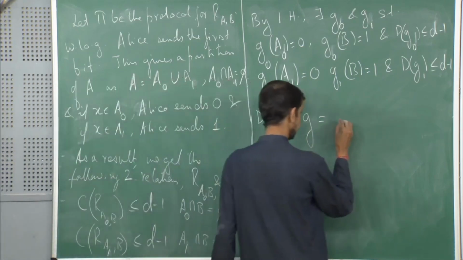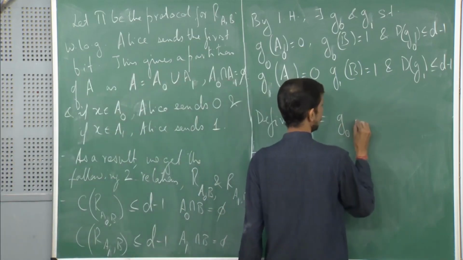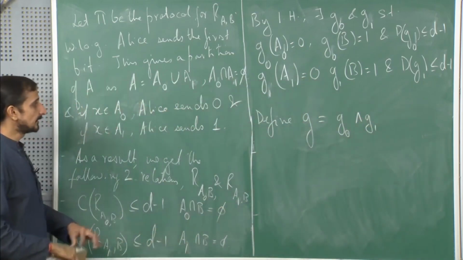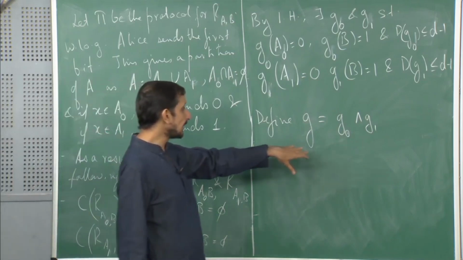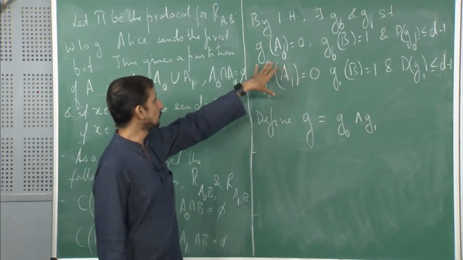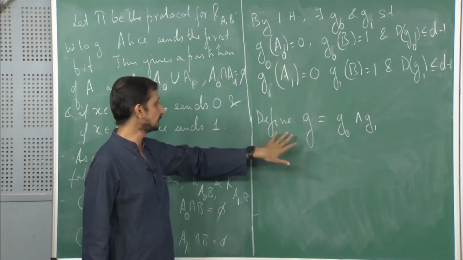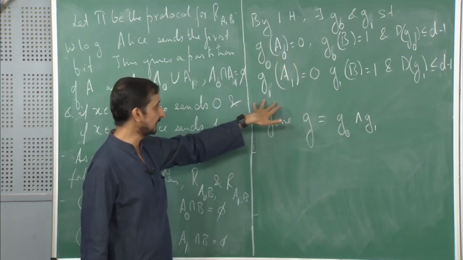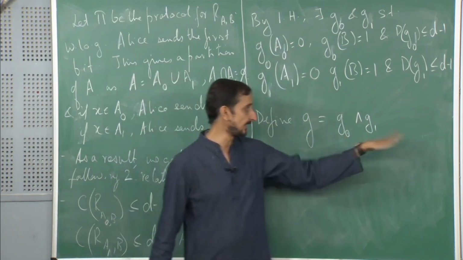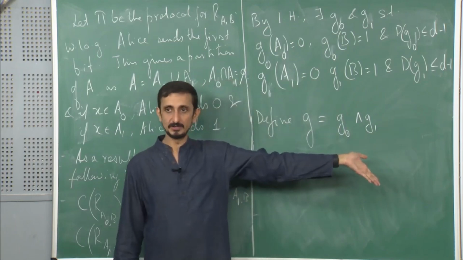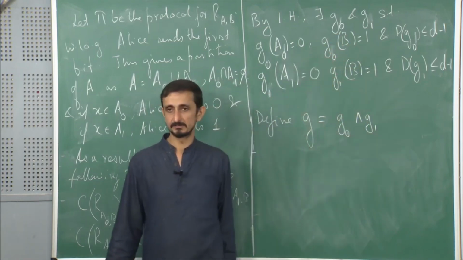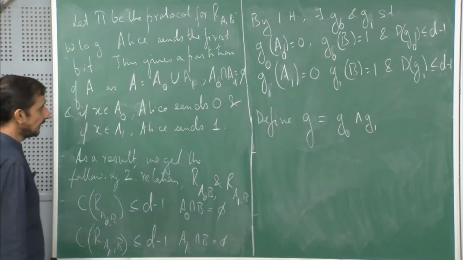Exactly. So, we define G to be AND of G0 and G1, because now if I look at G of A, any element in A must belong to either A0 or A1. So therefore, if I look at the AND of both these, on any element of A, G also must evaluate to 0 now, and because B is not changing, it is clearly true over there.